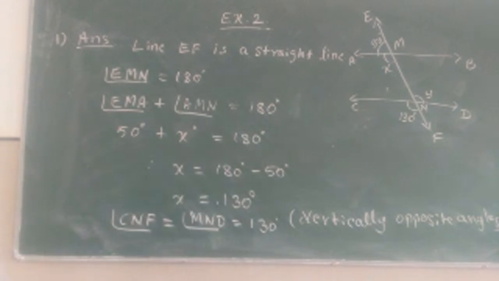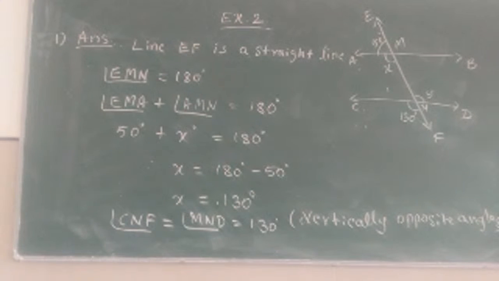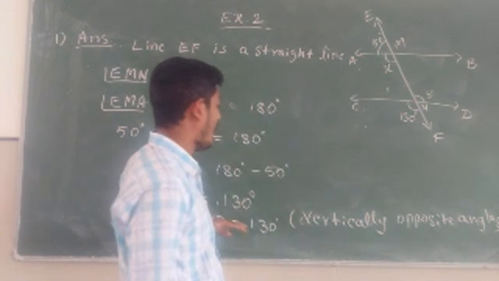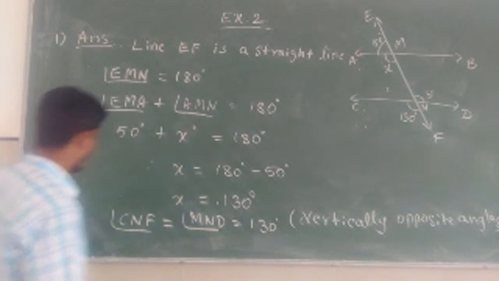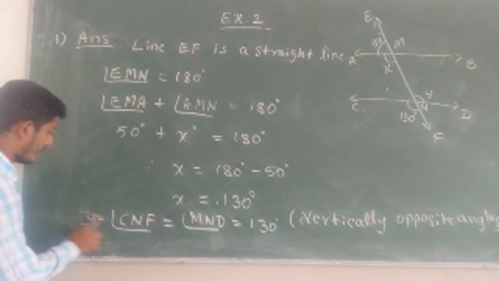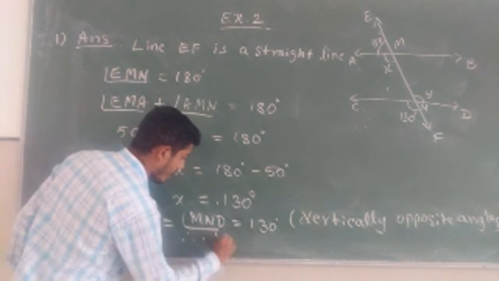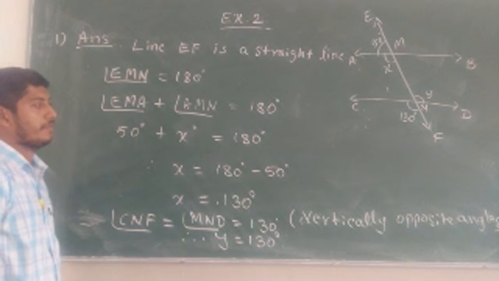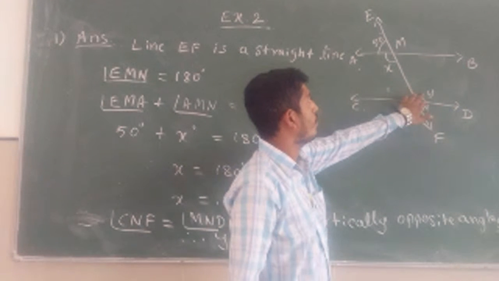Angle CNF is equal to angle MND because of vertically opposite angles. And here we got the values of x and y. Directly, y equals 130 degrees, and x equals 130 degrees.